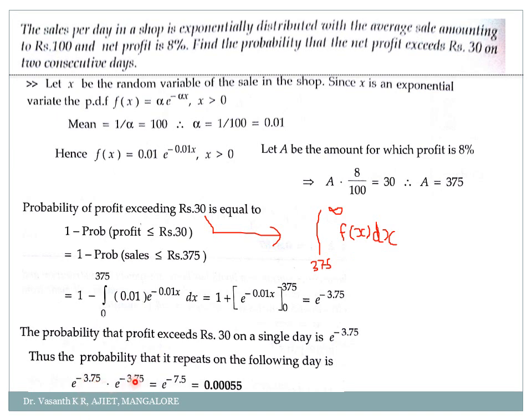So here, exceeding rupees 30 means the value of a is 375. From 375 up to infinity also you can take, no problem.